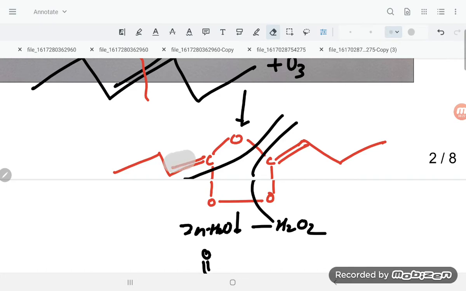This double bond is not required. So if the double bond is not required, here it is going, and this is going like that, and here is also.